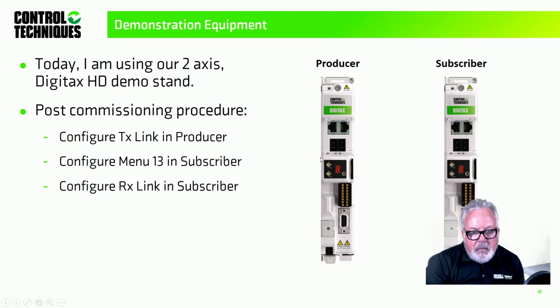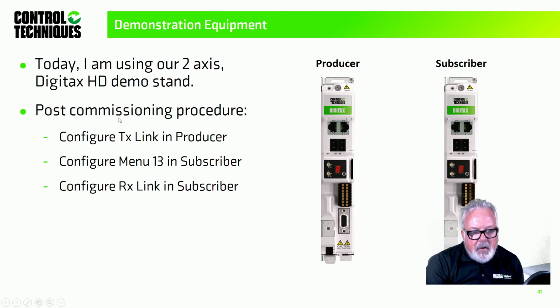So here's my demonstration. I've got a producer axis and a subscriber. Now again, you don't start your drive commissioning by setting up easy mode links, clearly. You'd go through and commission the drive, motor, feedback, get everything running smoothly like you'd like it. Then we'll come and do this messaging.